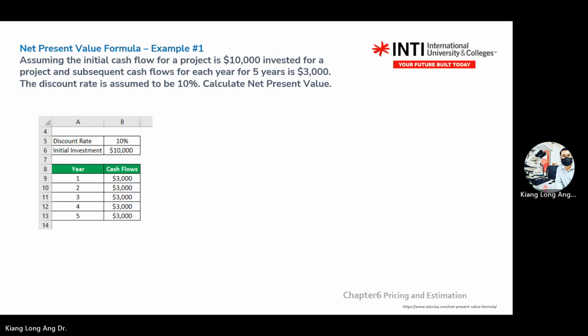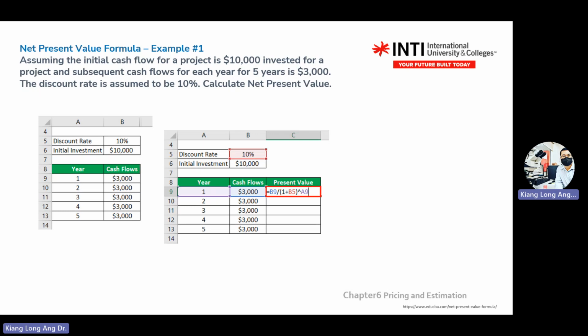If you have a property and do renting, you know this. The discount rate is assumed at 10%. Calculate the net present value. So how do you calculate the net present value?